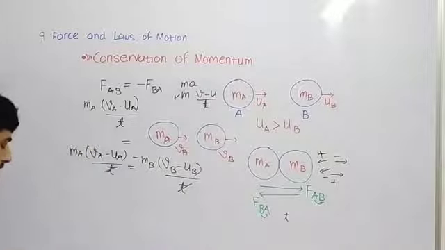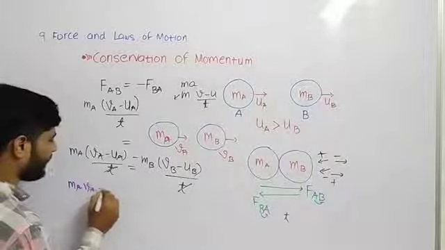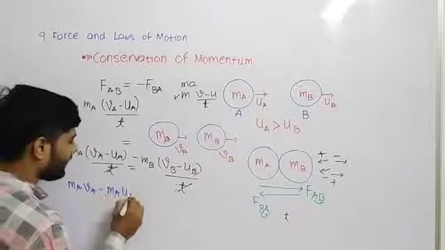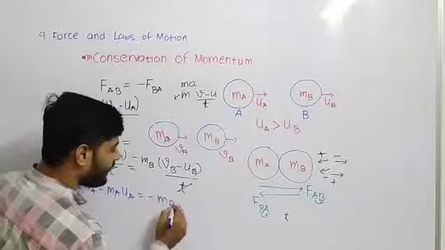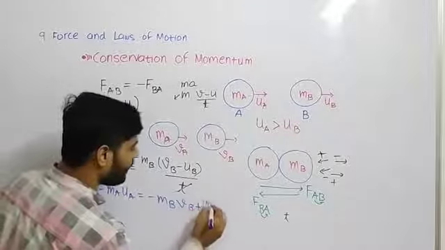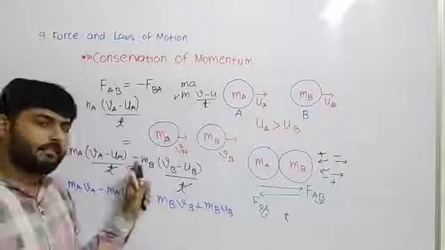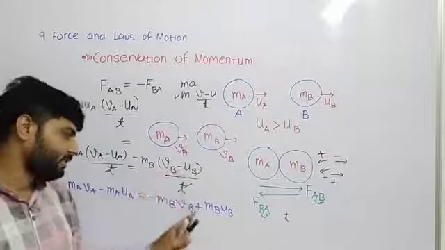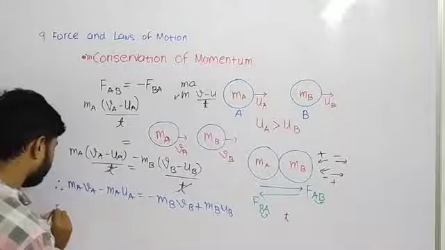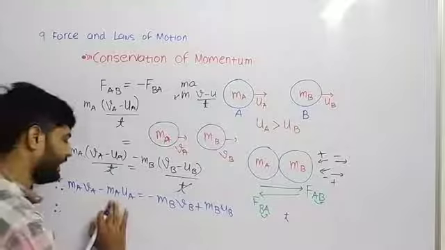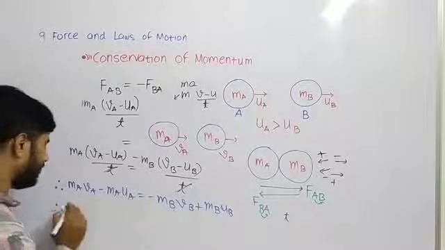Now I simplify this equation. MA VA minus MA UA is equal to minus MB VB plus MB UB. Here we have a minus sign, so this minus sign will be changed to plus sign. Now I move MA UA to this side and MB VB to this side.